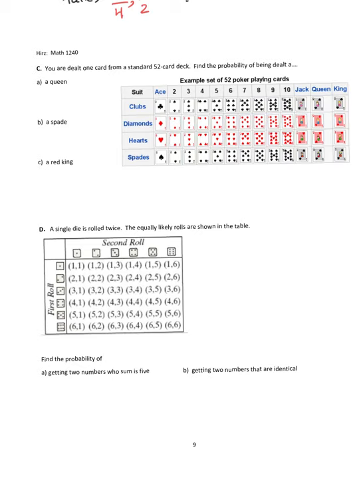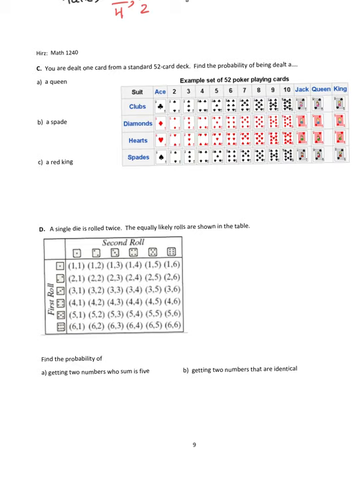And then our cards go from an ace through a king, right? So an ace through 10, and then our picture cards, jack, queen, king. There are 52 cards in a deck, and they are divided evenly amongst these 4 suits.